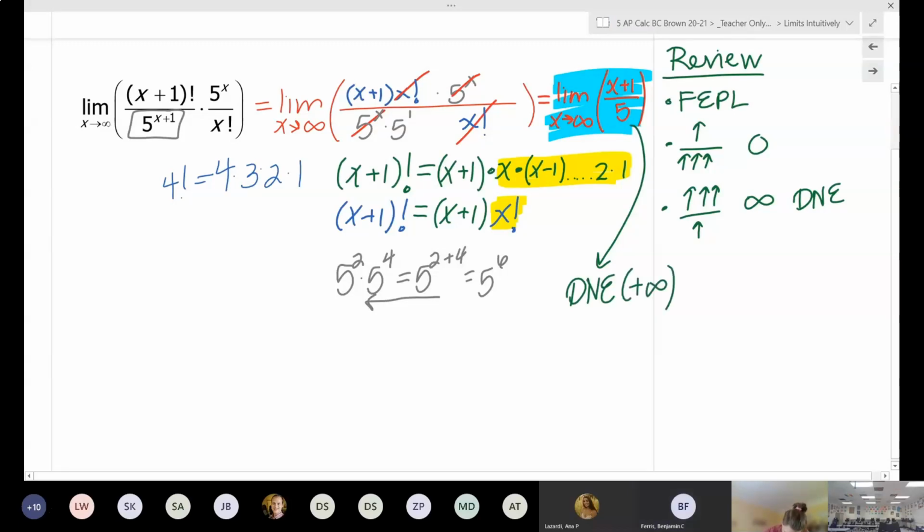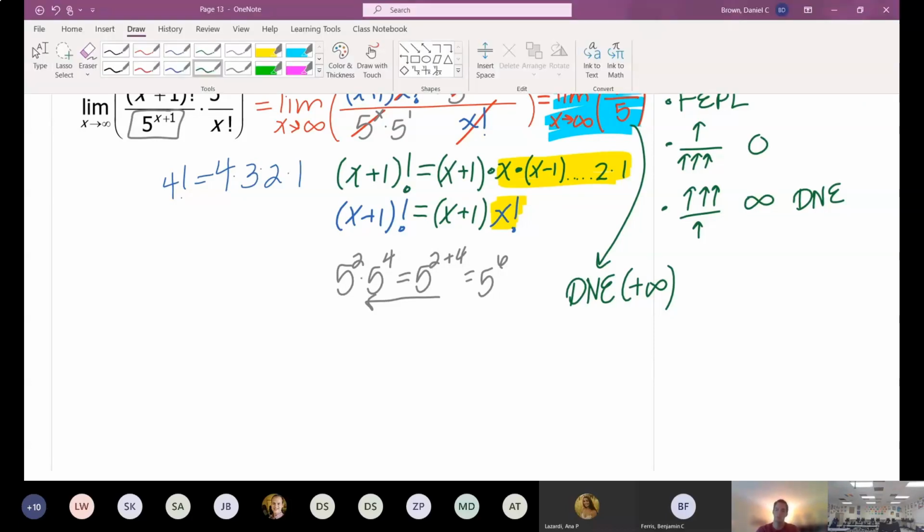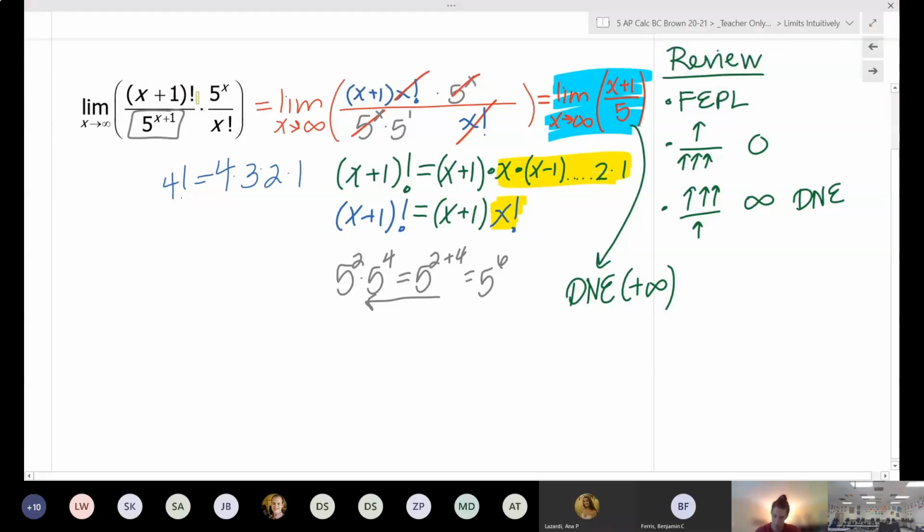If that fraction had been flipped, so 5 over the x plus 1, then the limit would have been going towards 0. And where many of you could probably figure out it was going towards infinity anyways, is in that original problem, all of those are factors. Well, if I'm using FEPL, the biggest parts of those are the 2 factorials. And x plus 1 factorial is actually way, way bigger than x factorial, since you're multiplying by one whole extra number.